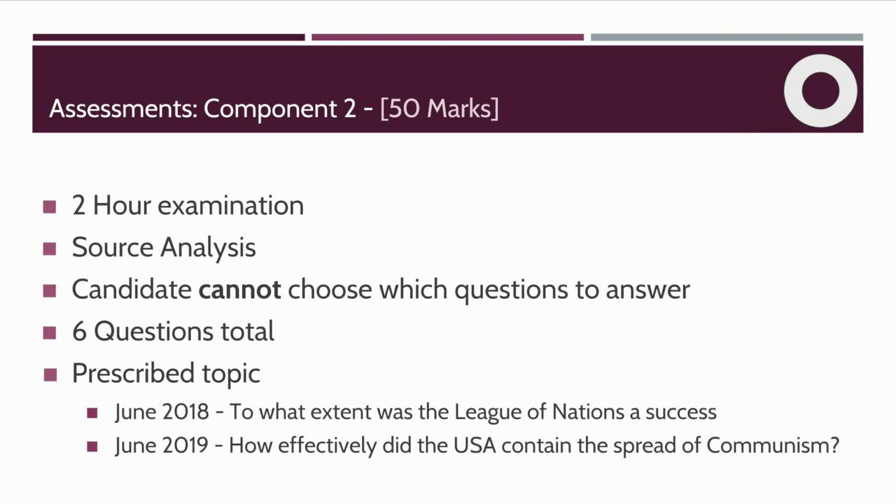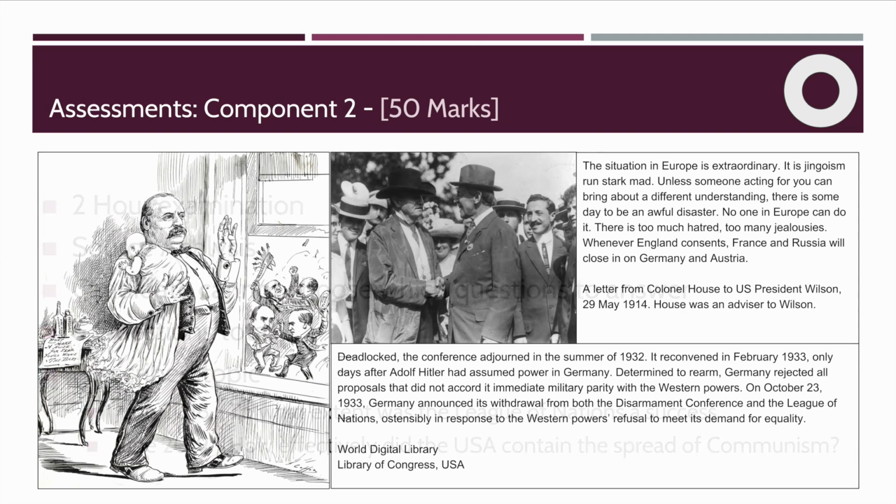Paper number 2 is very similar in that it is a 2-hour examination and that it focuses on the core studies. However, what is different about paper number 2 is that it's all about source analysis. Now you might be asking, what are sources? There are different types of sources.